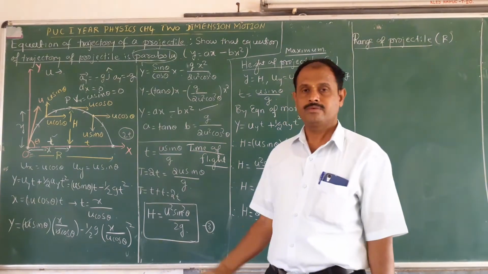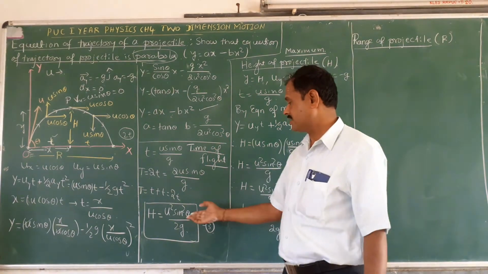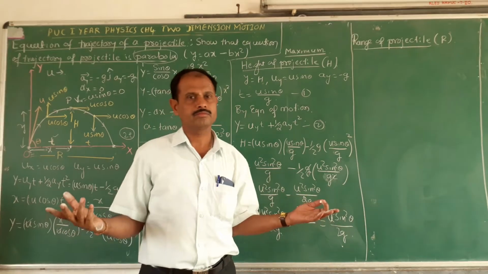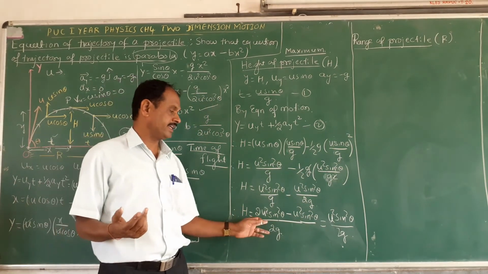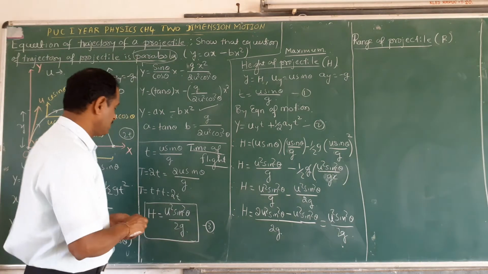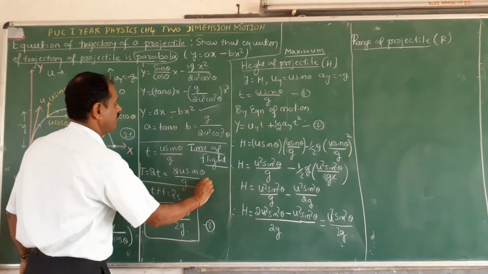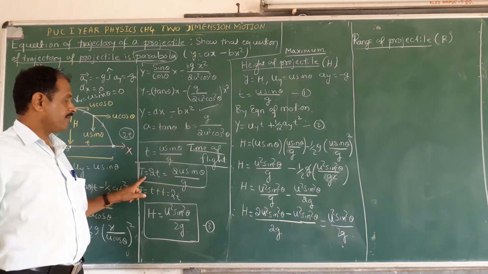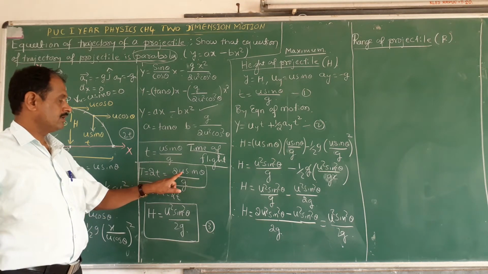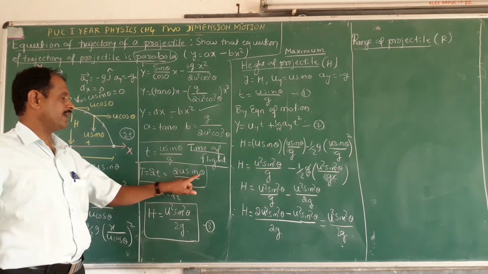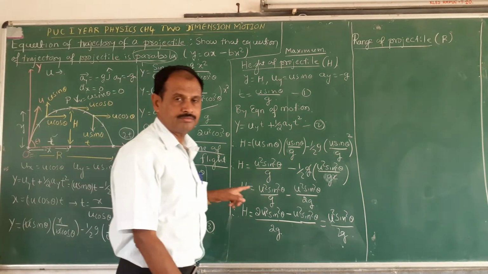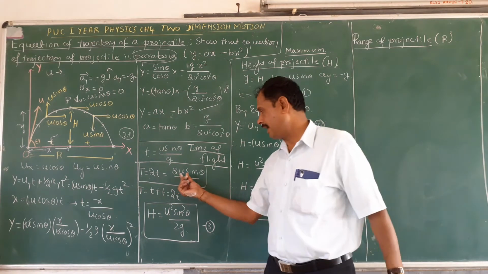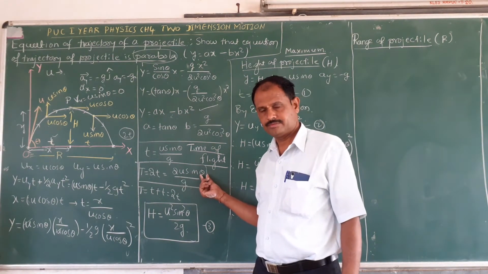What is u? Velocity of the projection. What is theta? Angle of the projection. What does this equation say? The time of flight depends upon the velocity of the projection and the angle of the projection.